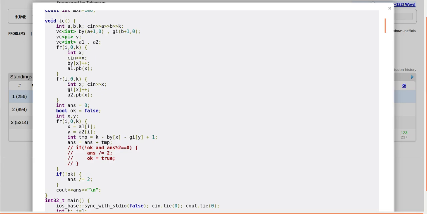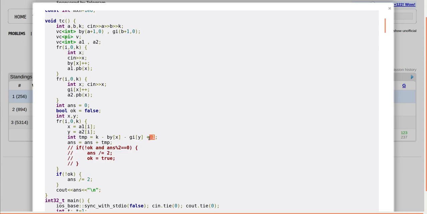Similarly, a frequency array for girls, and then at the end you go over each pair and count how many valid pairs remain with which my current pair can be combined. Which is total number of pairs minus frequency of boy minus frequency of girl plus 1.